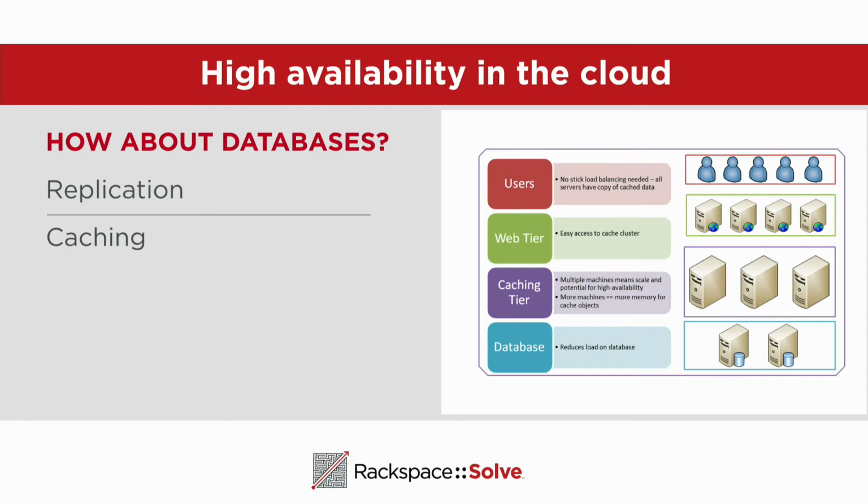So, 2 more slides on high availability in the cloud before I finish up this section. I won't spend a whole lot of time on databases and high availability in the cloud. High availability in the cloud for databases is very similar to high availability in an on-prem solution. You have to replicate in one form or another.